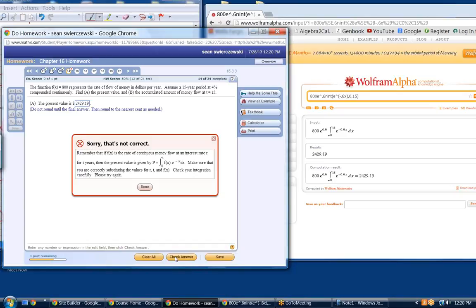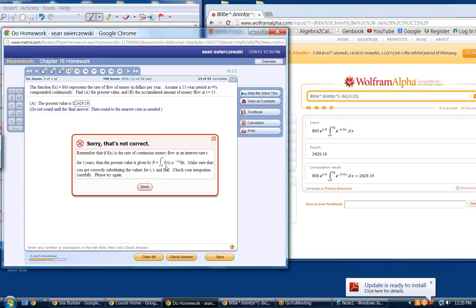Maybe it's 2429.2. Before we make that guess, I have a hard time believing it. Wolfram wouldn't round it. Oh, this is the present value. You don't need 800 on the outside, do you? Well, f of x is 800. Oh, yeah, okay. What I don't need on the outside is the e to the 0.6.